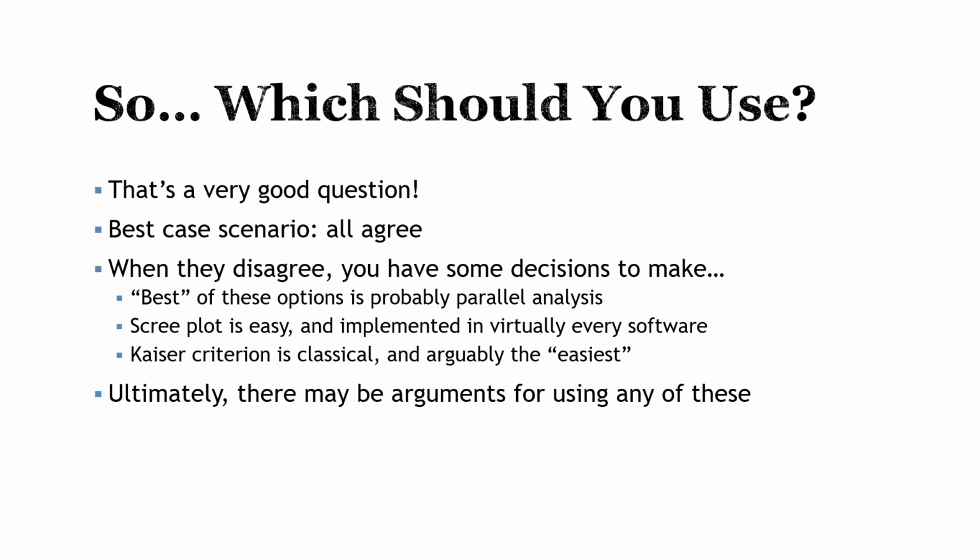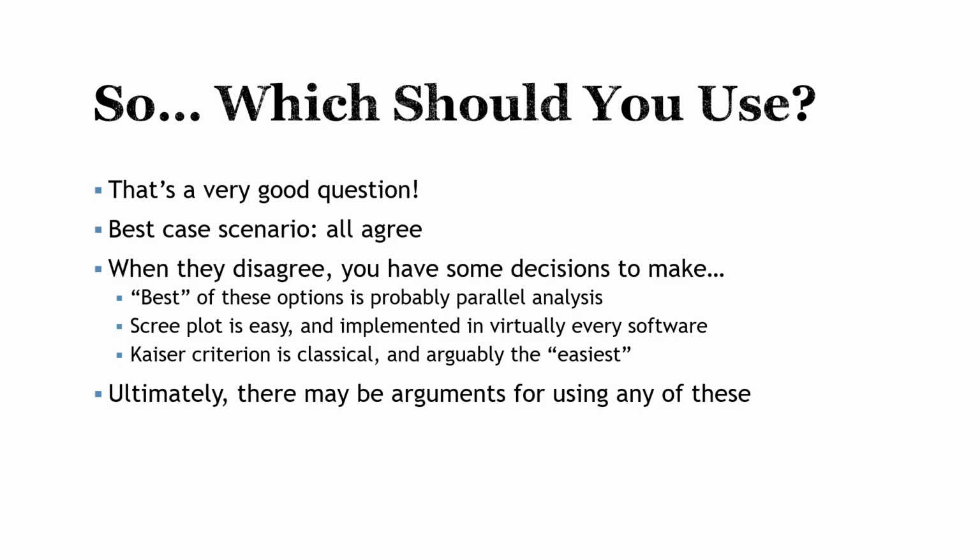Again, scree plot's easy and it's available, and it tends to be very reliable and very good. Don't take my comments on parallel analysis being the best to indicate that scree plot's not good. If scree plot earned a 90% on the test, maybe parallel analysis earned a 98% on the test. Both of them got an A, so they're both very good methods, I think, that can be used.